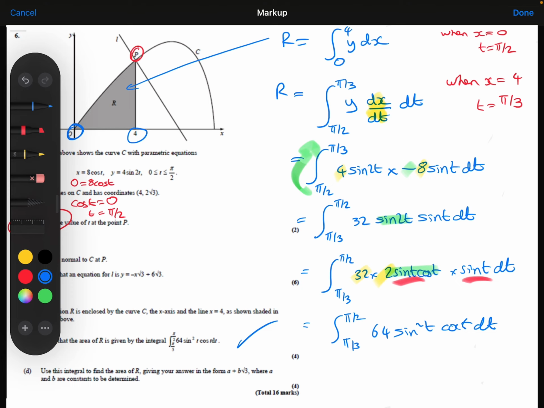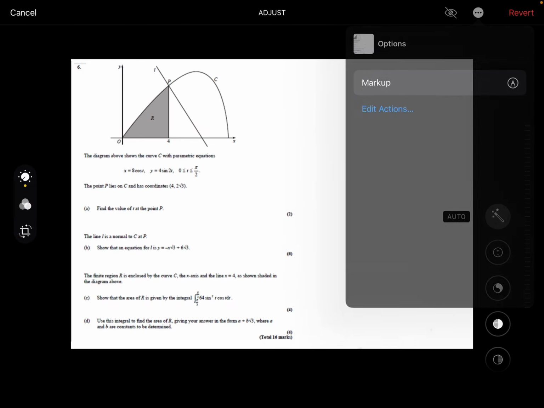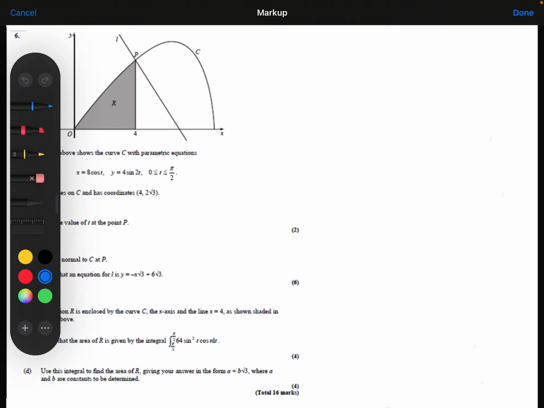Finally, for part D, use this integral to find the area of R, giving your answer in the form a plus b root 3. So let's take this integral. I'm going to take the 64 outside the integral, just to make my life a little bit easier. And I'm going to do one other little change here.